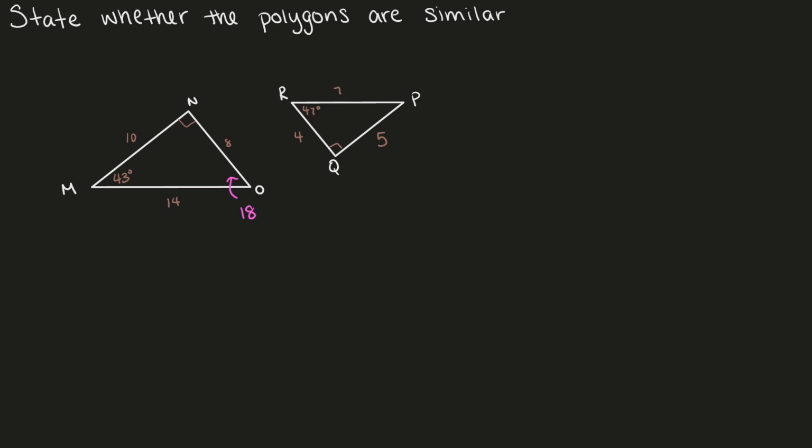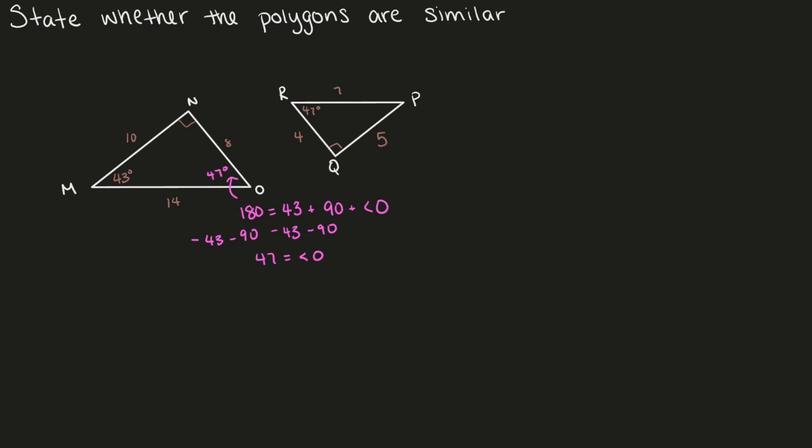So we know that 180 is equal to our 43 degrees plus our 90 degrees plus angle O. So if we subtract 43 and subtract 90 from both sides, we get that 47 is equal to angle O. So now we know that this is 47 degrees.